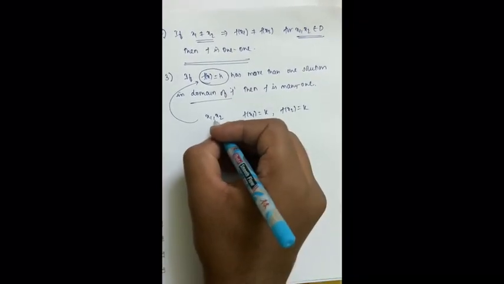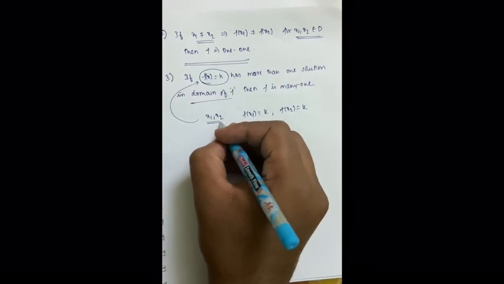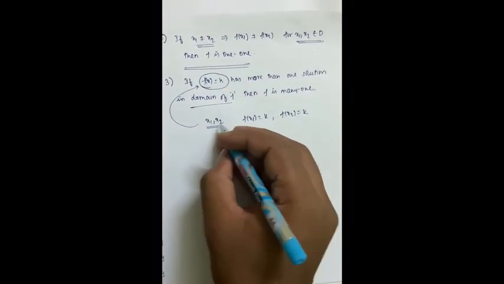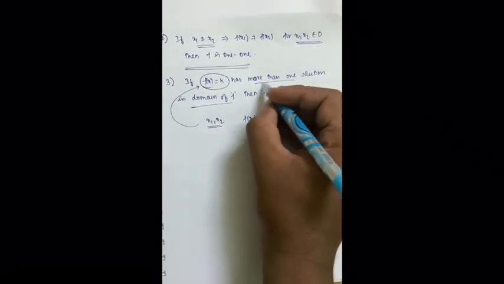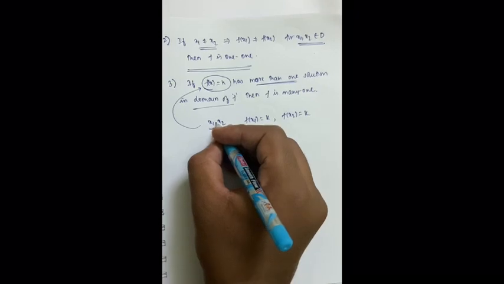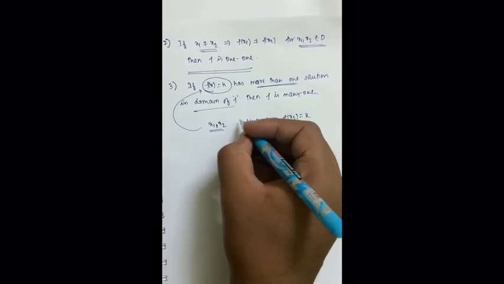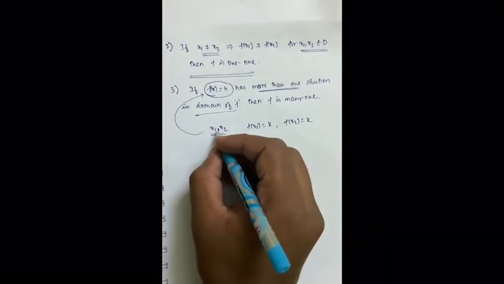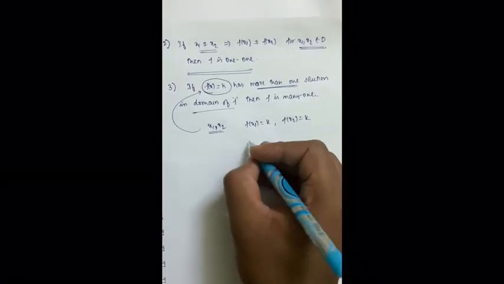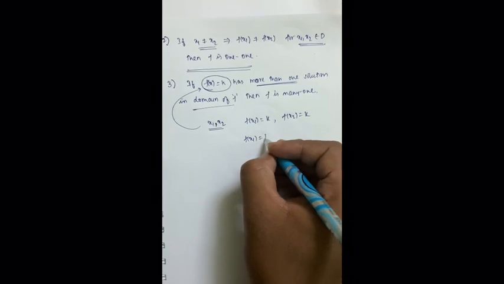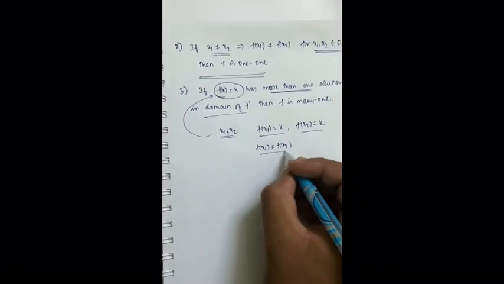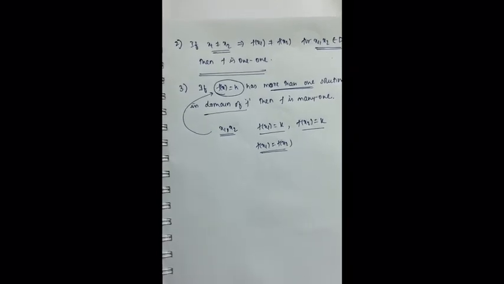So if x1 is not equal to x2, then this equation has two solutions, right? I am taking, let's say, two solutions. It can have more than two solutions, 3 or whatever. So the first case, two solutions. Then f of x1 equals f of x2, because both are k.